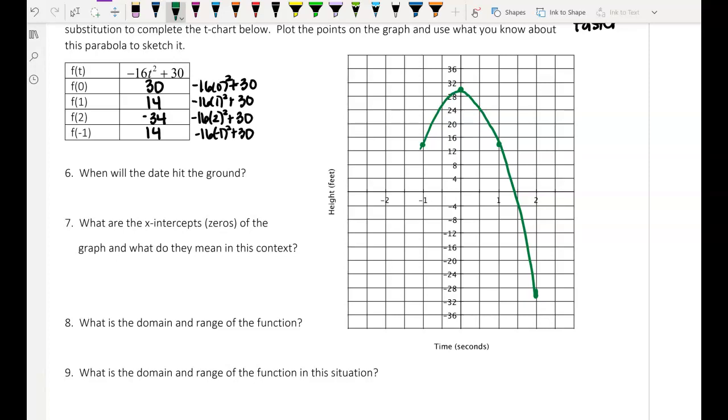The first question asks us, when will the date hit the ground? Well, I can see that on my graph right here. This is where the date will hit the ground.